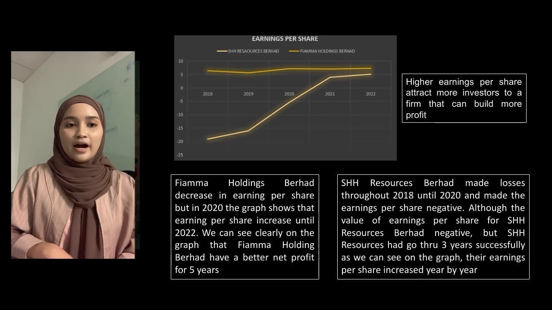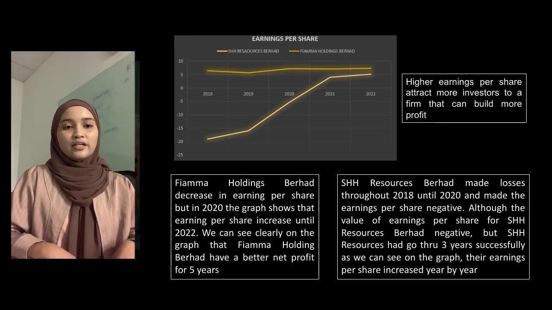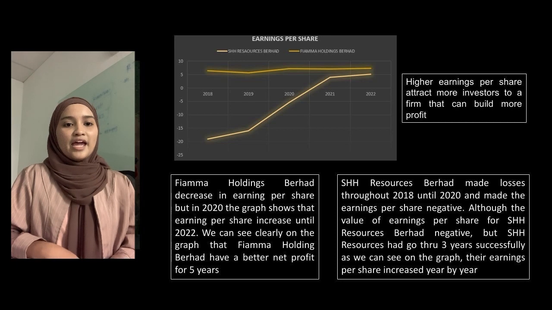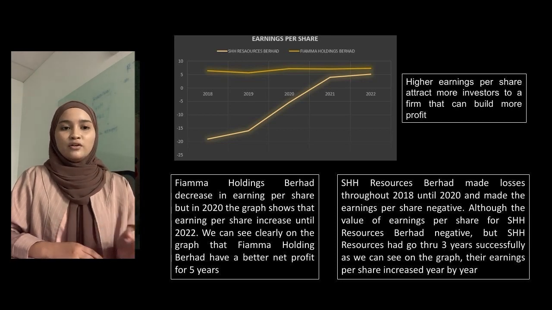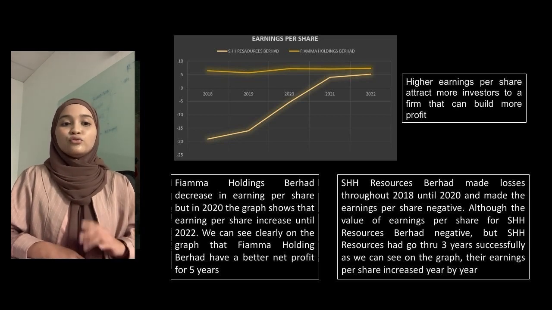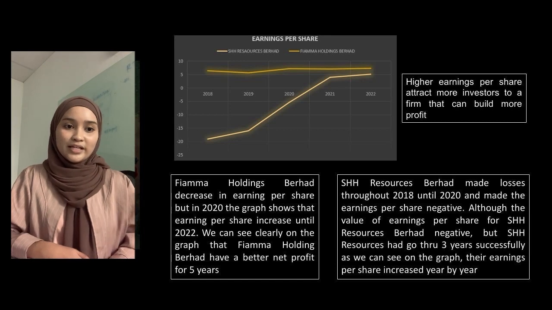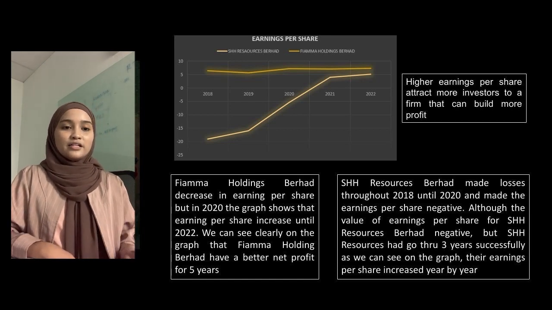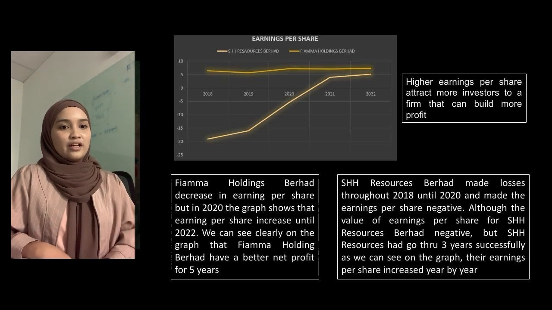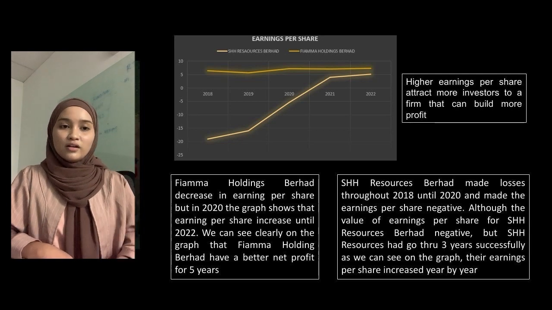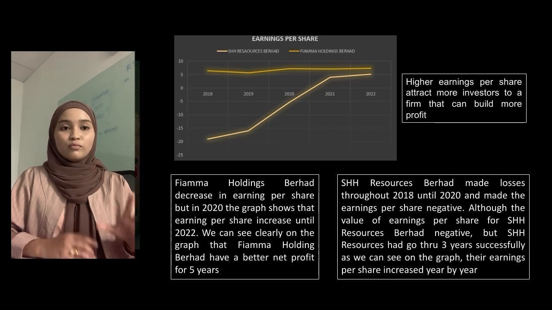SHS Resources Berhad made a loss throughout 2018 until 2020, making the earnings per share negative. But SHS Resources went through those 3 years successfully. As we can see on the graph, their earnings per share increased year by year. Higher earnings per share attract more investors to a firm that can build more profit.